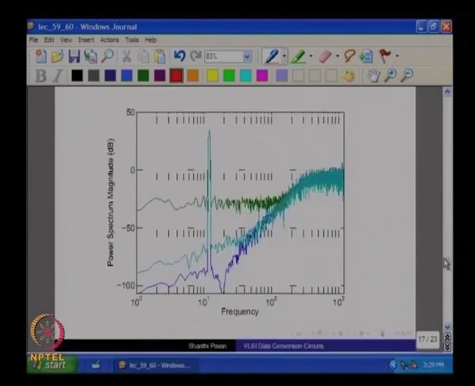With 5% random mismatch, you can see that this is the ideal, all right. This is with randomization, all right, and this is with first order mismatch noise shaping.